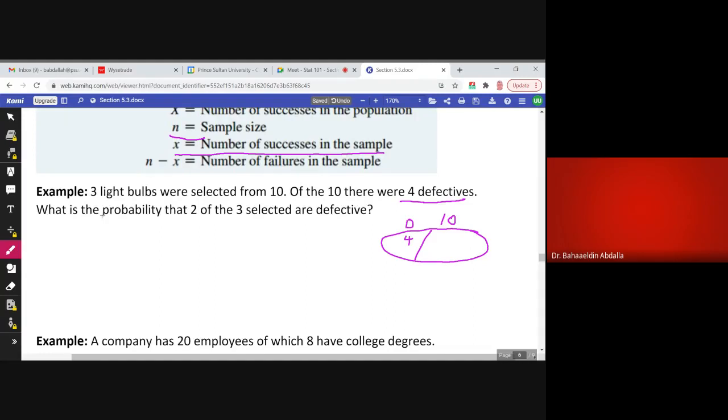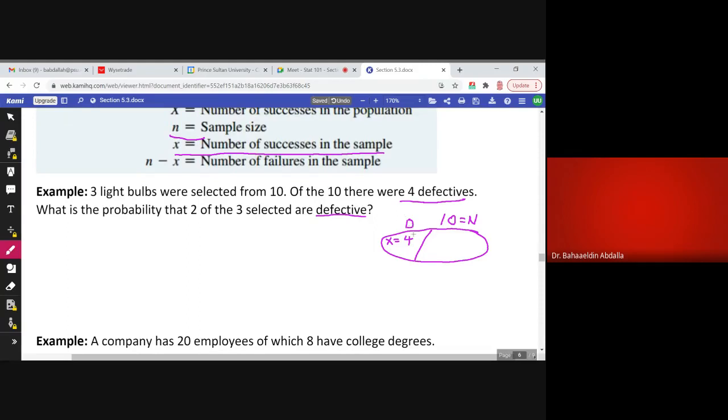He is asking what's the probability that 2 of the selected are defective, so defective is success in this question. So 4 would be capital X, and capital N would be 10.